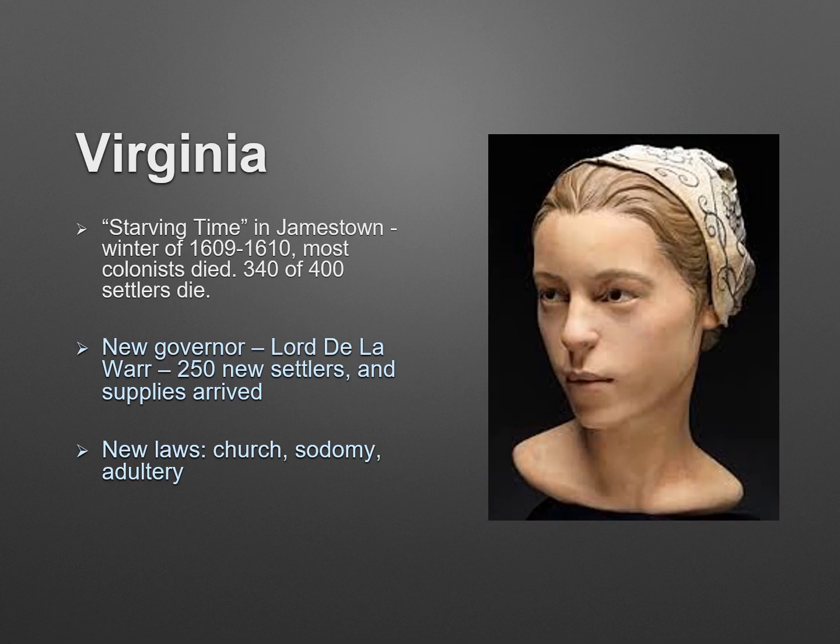When Smith came in, he established a military-style regime. When De La Warr comes in, he establishes a more religious, succinct idea that laws about church, laws against sodomy, laws against adultery were going to stand. He believed that with morality, the state would exist and society could survive.